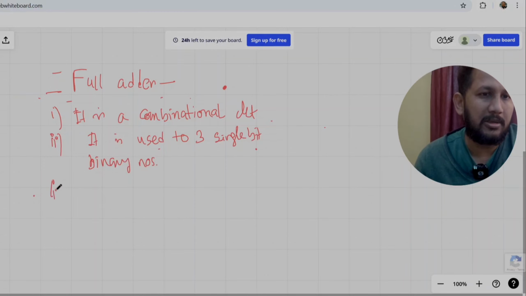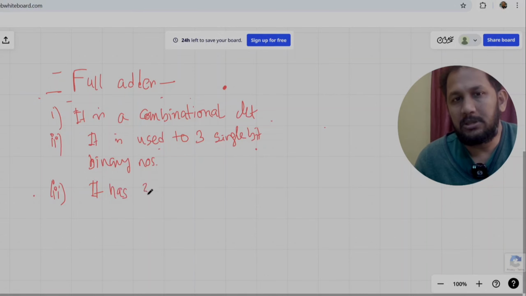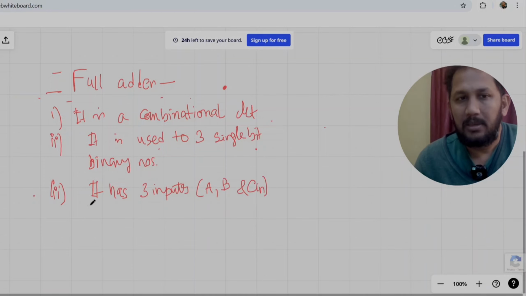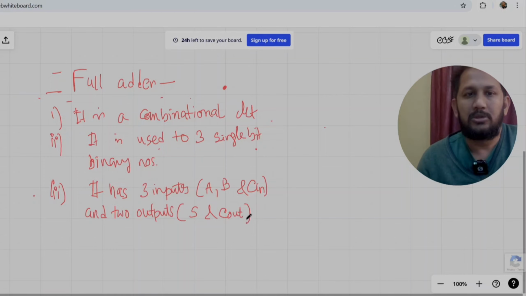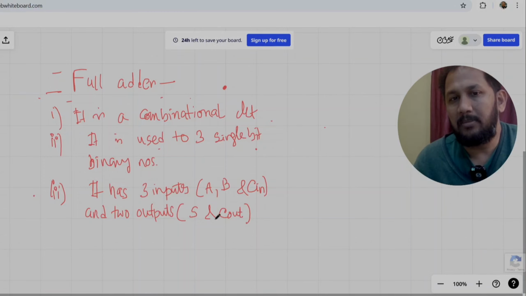Third point, it has three inputs: A, B, and C in, carry in, and two outputs, Sum (S) and C out, meaning carry out. So these are three inputs A, B, C in and two outputs, sum and carry out.